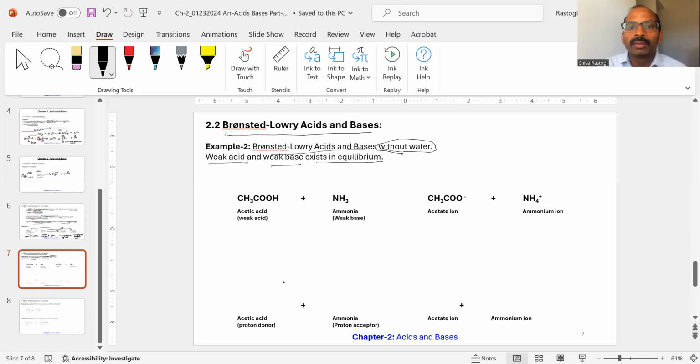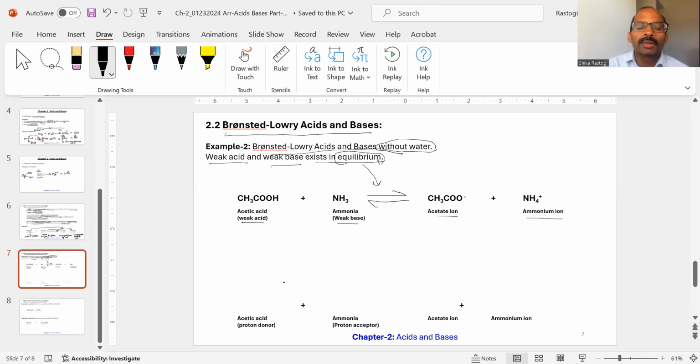You remember this sign is for the forward reaction, and this is the sign for the backward reaction. So the equilibrium exists between the forward and backward reactions. When acetic acid, or vinegar, a weak acid, reacts with ammonia, it forms acetate ion and ammonium ion.